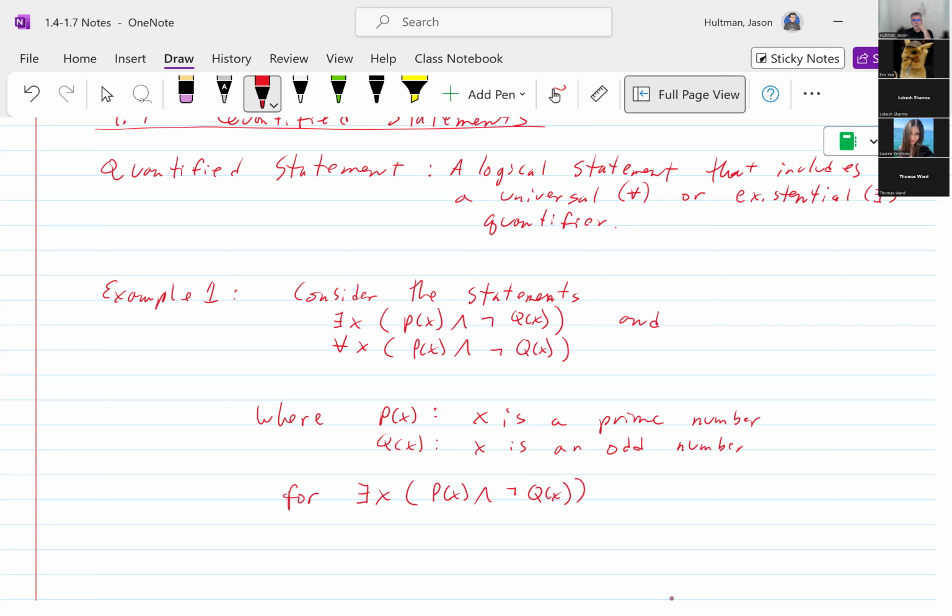Does one exist? What's a number that is a prime number? 2. But is not an odd number? Yeah, 2.